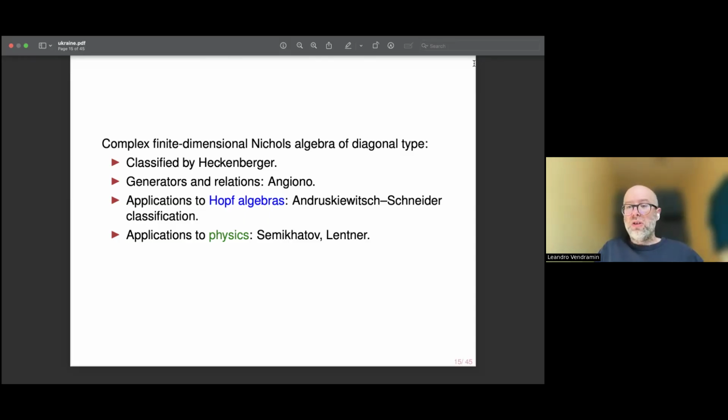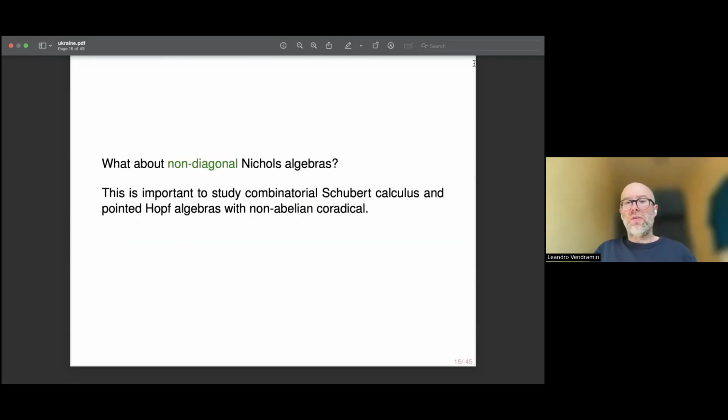Remarkably, here is the classification of Andruskiewitsch-Schneider, which I like to think of as some sort of axiomatic way of presenting small quantum groups, or finite dimensional quantum groups. And there are also applications to physics, to conformal field theories, in the work of Semikhatov and also Simon Lettner. But this is not what I want to discuss here. I don't want to talk about finite dimensional Nichols algebras over diagonal type braided vector spaces, but on the other side, right?